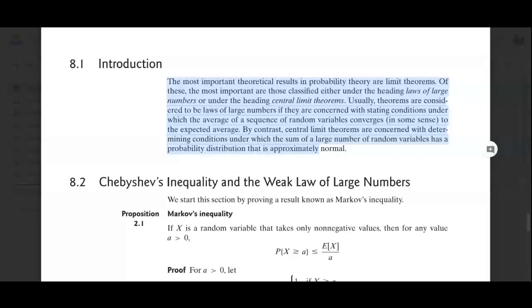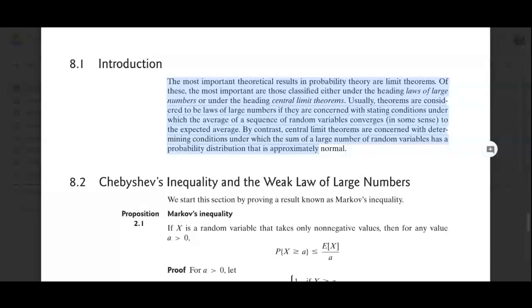Usually theorems are considered to be laws of large numbers if they are concerned with stating conditions under which the average of a sequence of random variables converges, in some sense, to the expected average. By contrast, central limit theorems are concerned with determining conditions under which the sum of a large number of random variables has a probability distribution that is approximately normal.